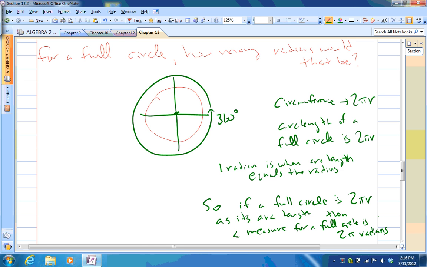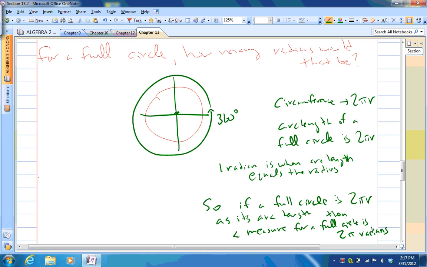Just like when the arc length equals a radius, that results in 1 radian, when the arc length is 2 pi times a radius, it'll be 2 pi radians.